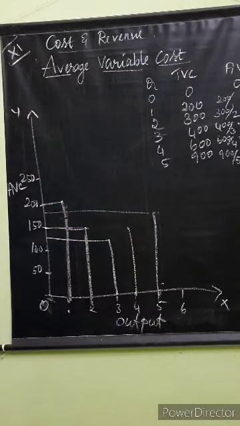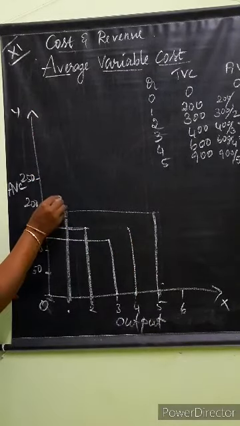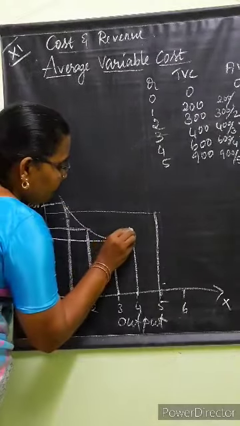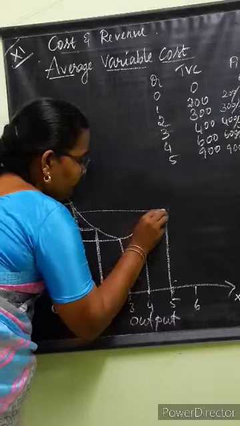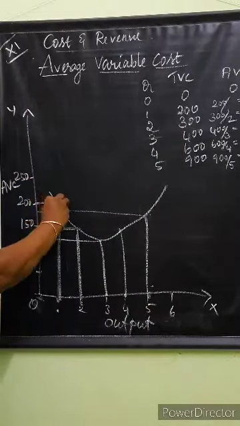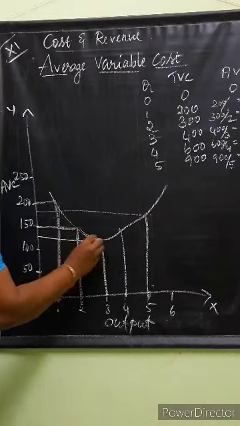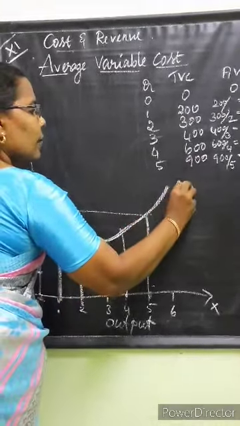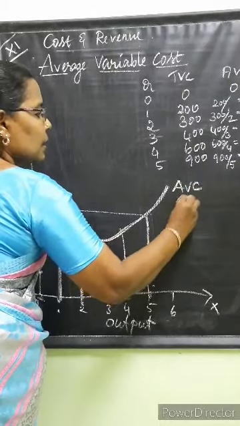Now, let me join the dots. See the curve, how it is? This is the average variable cost curve.